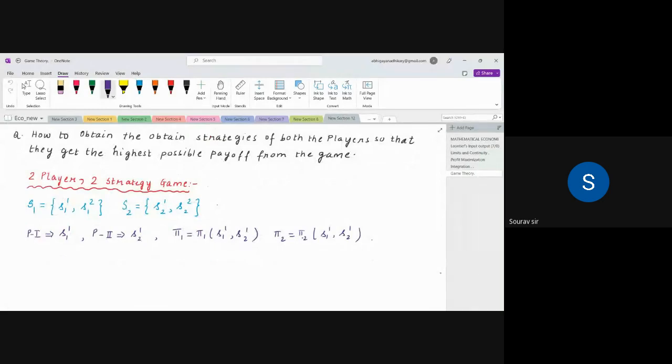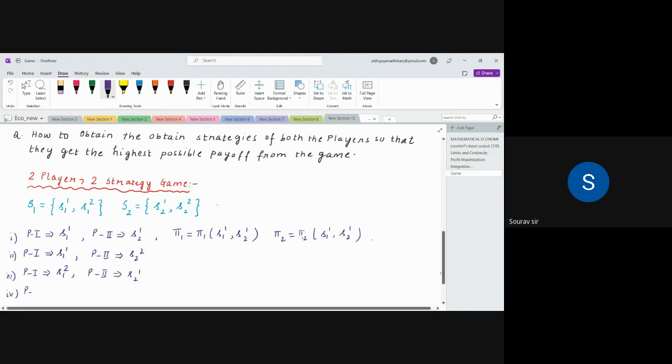The second case is player 1 continues to play his first strategy, but player 2 now goes to his second strategy. The third case is player 1 plays the second strategy and player 2 plays the first strategy. The fourth case is both players play the second strategy.